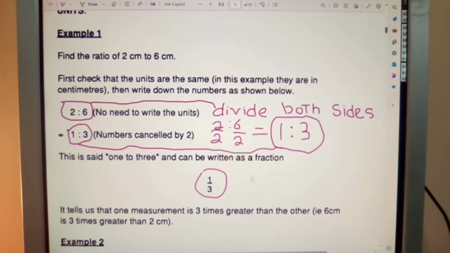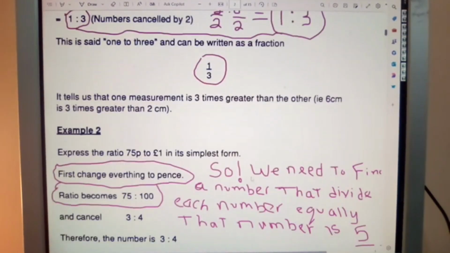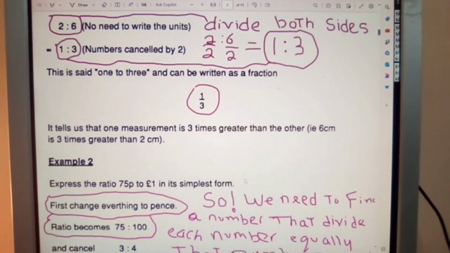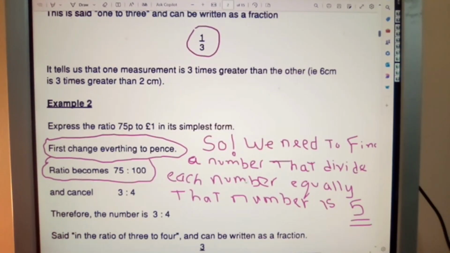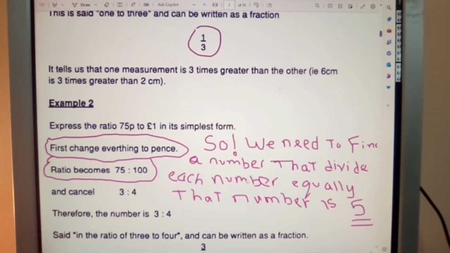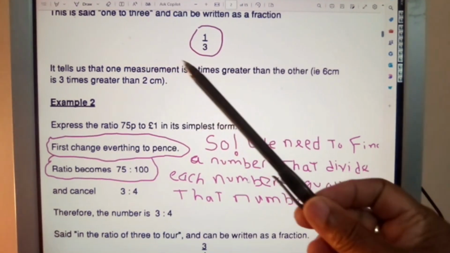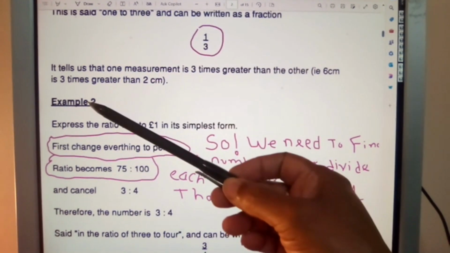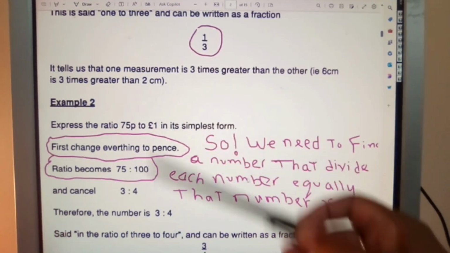Therefore, your brain begins to do the work and think in that way. It tells us that one measurement is 3 times greater than the other, i.e. 6 centimeters is 3 times greater than 2 centimeters.